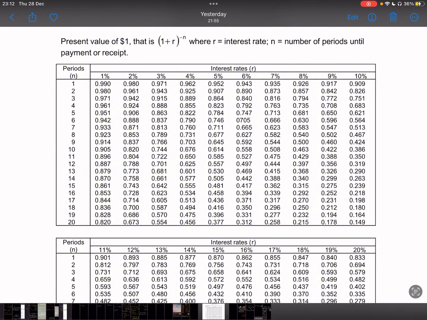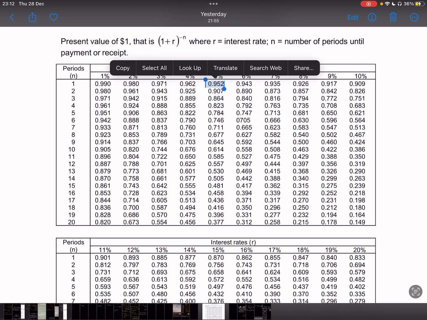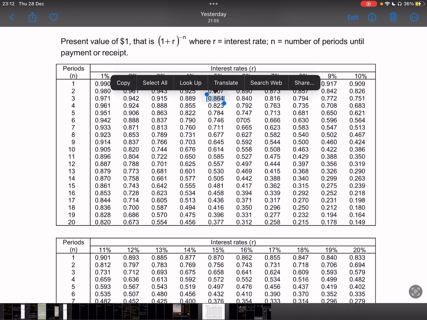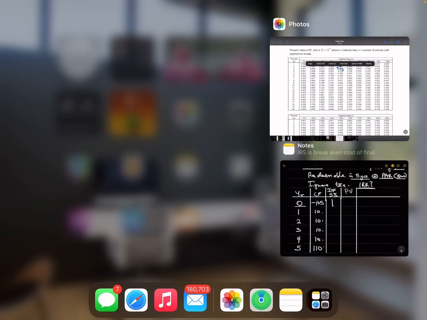You can see there is no n equals 0 here, because when n equals 0, at any rate, the discount factor will be 1, so there's no need to put it on the table. So now, the discount factors that we need are 0.952 for year 1, 0.907 for year 2, 0.864 for year 3, and just like that.